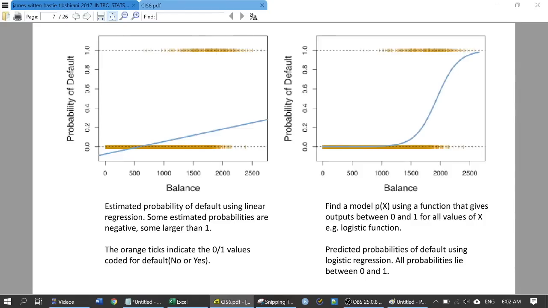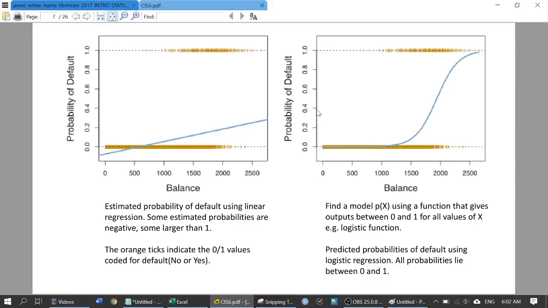So maybe you can use their information such as their income and their credit card balance and other information. And then you're going to make a decision, and the decision is based on the threshold value that you're going to put.